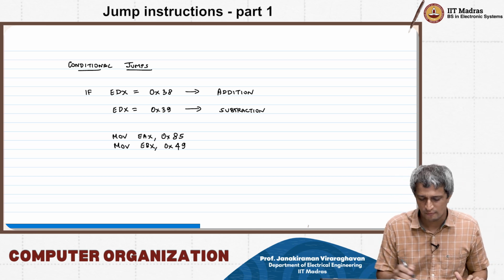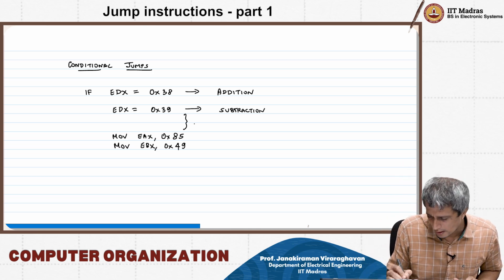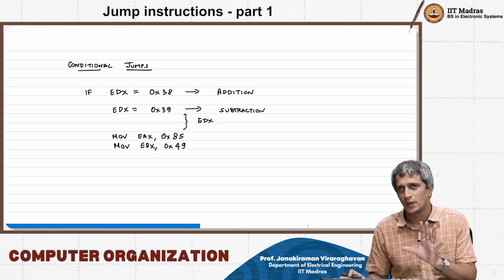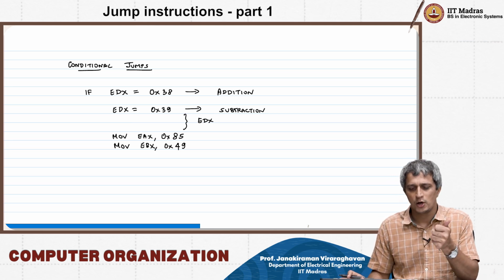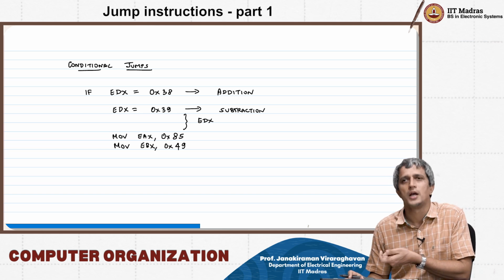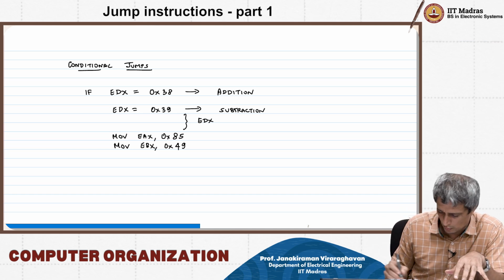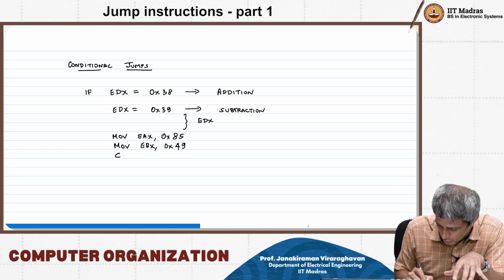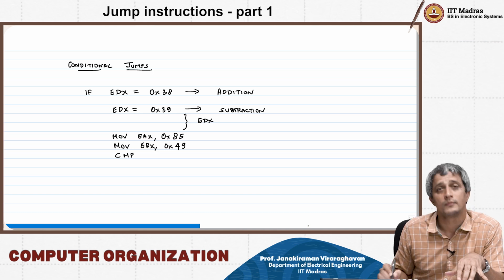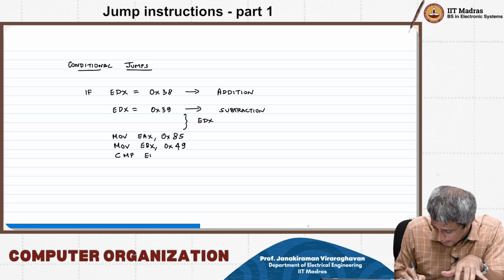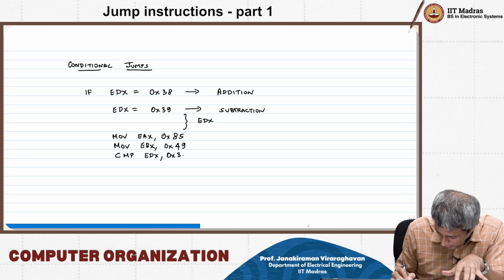Somewhere here there is something that will set my EDX value. I do not know what that value is. However, I need to check if it is 0x38, then I need to do something; if it is 0x39, then I need to do something else, and so on. So what I can do now is use the CMP instruction, the compare instruction, which is going to compare EDX with 0x38.